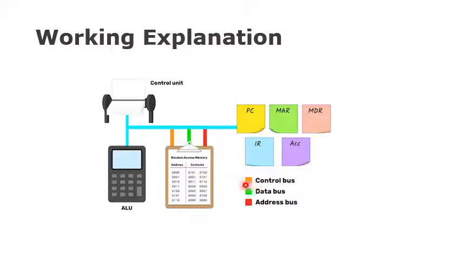And this yellow color is the control bus, green is the data bus, and red is the address bus. And these are the program counter, memory address register, memory data register, instruction register, and accumulator. And this is the control unit, which is going to send the control instruction in order to execute a particular instruction. Okay.